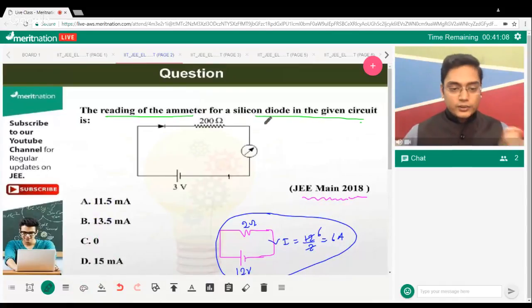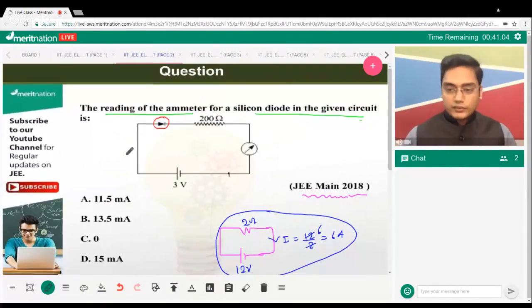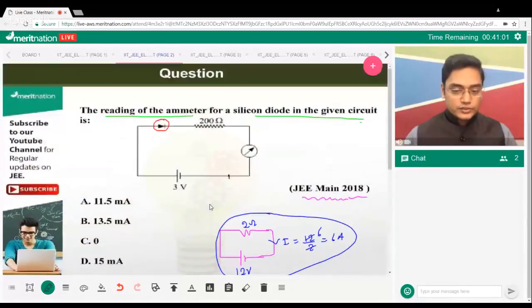Okay, silicon diode. So it is a silicon diode here, so we have to replace it by a battery, and the configuration is like this, 0.7. Now this is a very simple circuit. Instead of the diode, we have replaced it by its equivalent circuit. Now we can apply KVL and write the value of current.